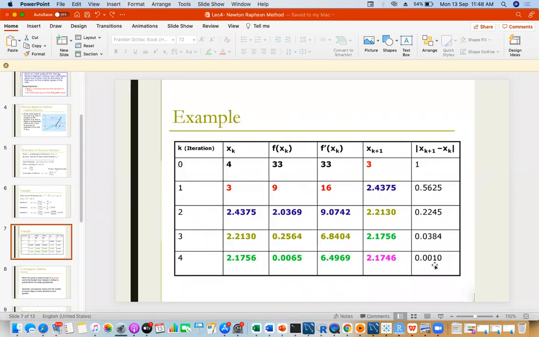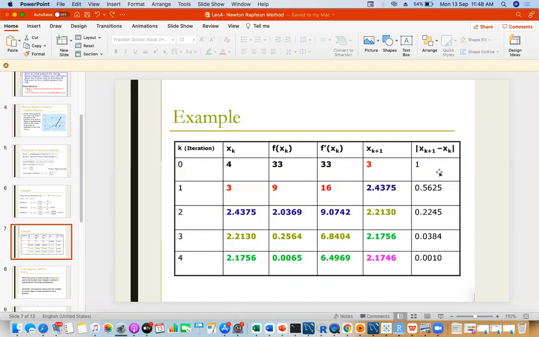But if you see in the bisection method, if the initial error was 0.5, in the next iteration the error will be 0.25, in the next iteration it will be 0.125, in the next iteration it will be 0.0625. So each time the error was getting halved.